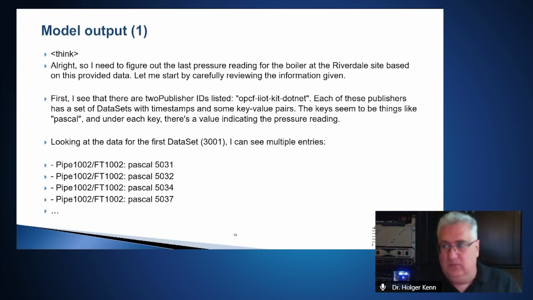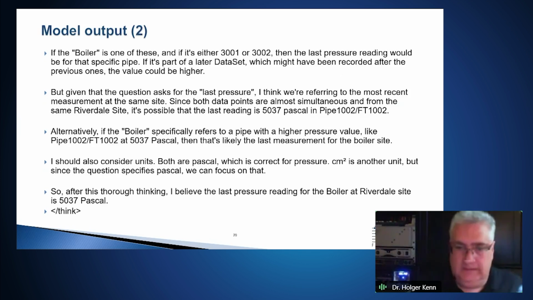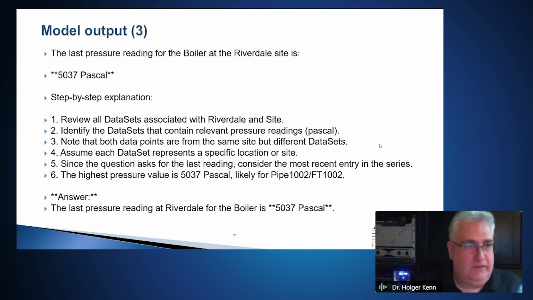So this is kind of what the model actually said. And it's a model that is basically following its internal thought process. This is what you can see with this little think tag over here. And so it basically starts reasoning about the information it found. And that goes on for a while. And then it actually provides an answer. And this is really short. And this would be the answer you would give to the end user.